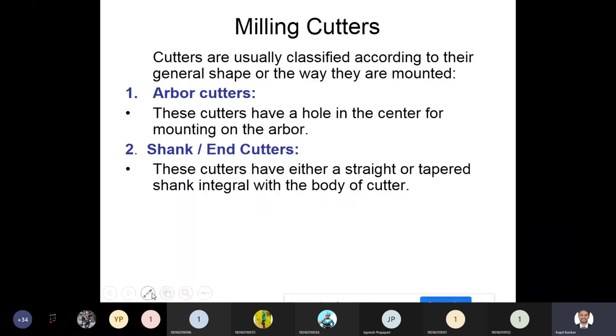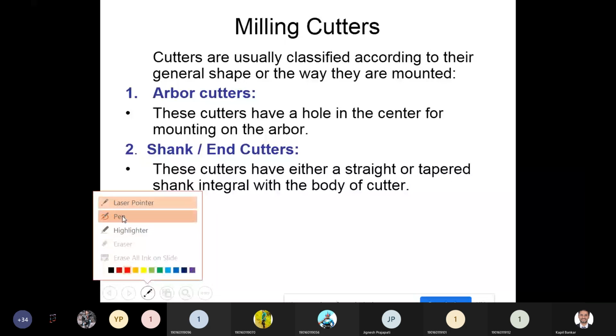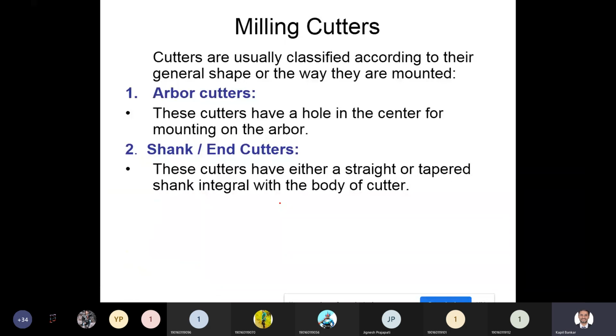Okay, this shank or end cutter will look like this. This is the end, and here some teeth are there. It resembles a pen.